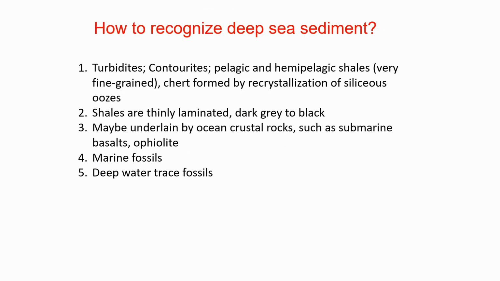So how do we recognize a deep marine deposit? The deep marine deposit is dominated by turbidites, contourites, and deep marine shales. The deep marine also sometimes deposits massive amounts of chert. The shale in the deep marine is thinly laminated and dark gray to black in color.